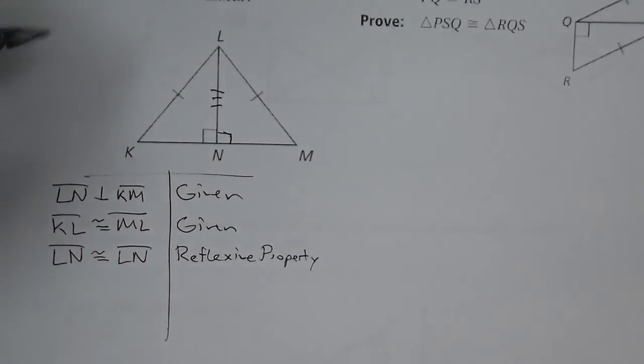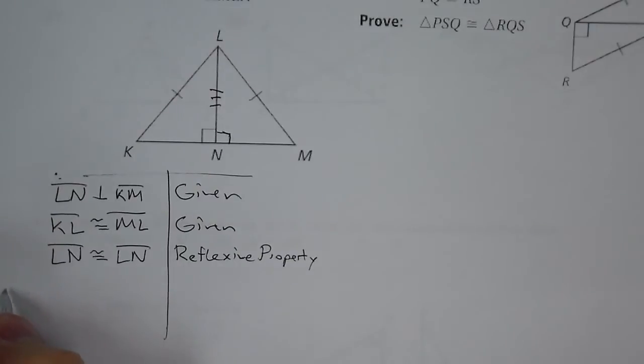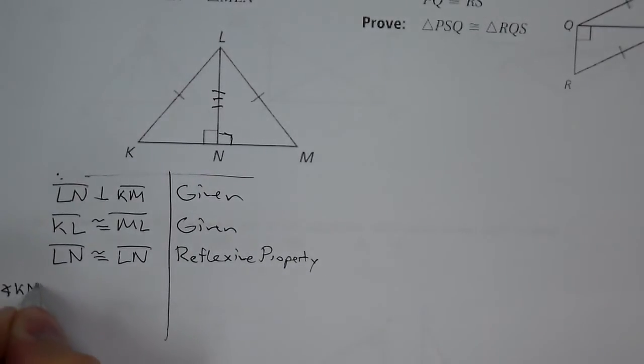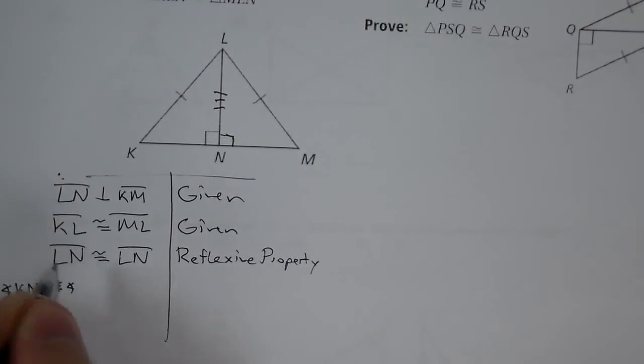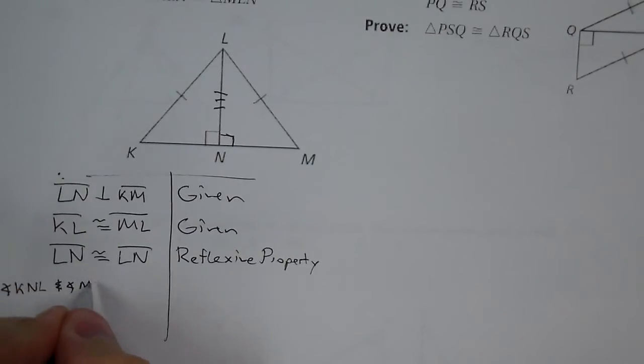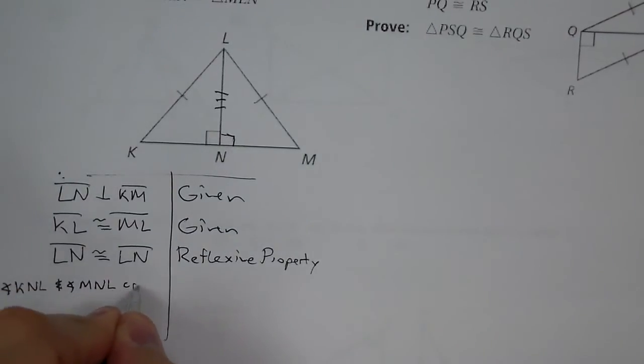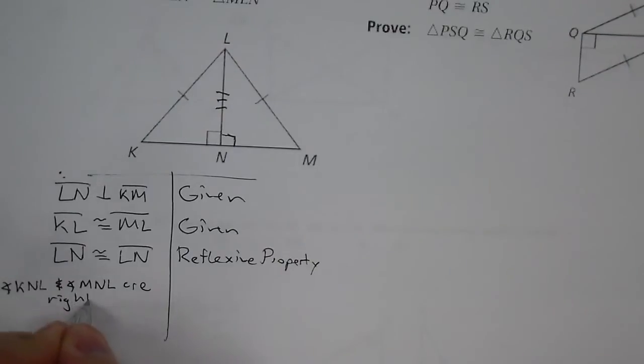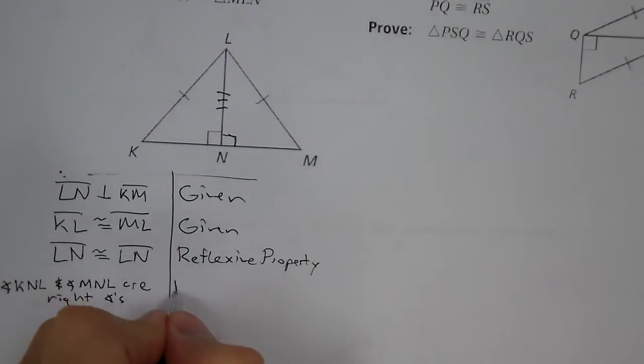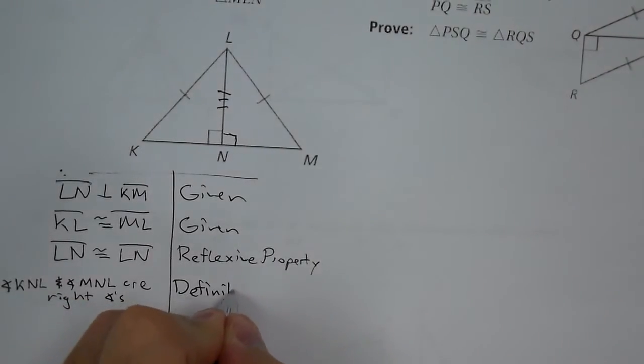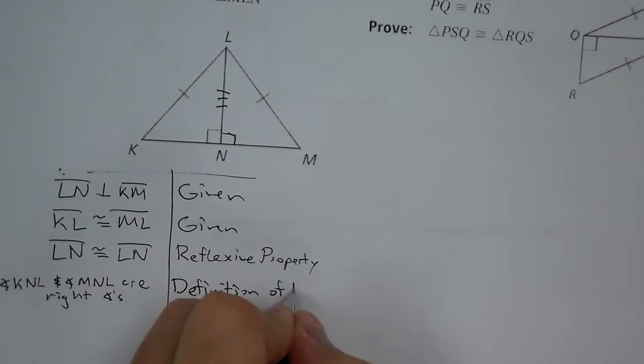But we got to be careful in how we say this. We got that's a right angle because LN is perpendicular to KM. So let's write that angle KNL and angle MNL are right angles. Now we know this because that's the definition of perpendicular lines.